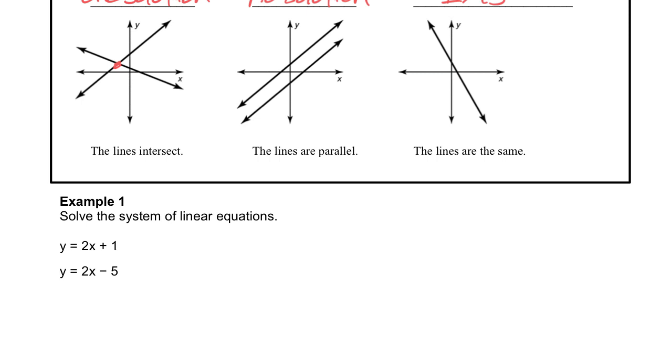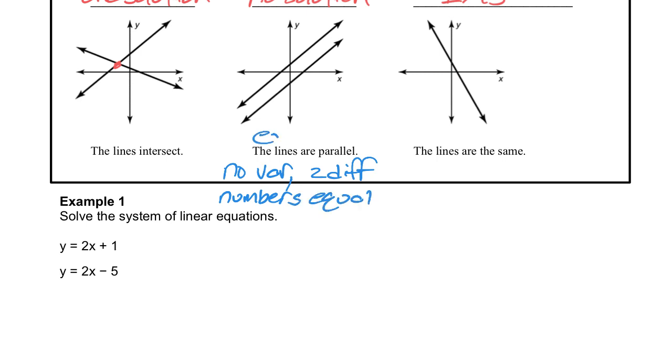But no solution is when you get no variables eventually, no variables, and you get, let's say, two different numbers equal to each other.